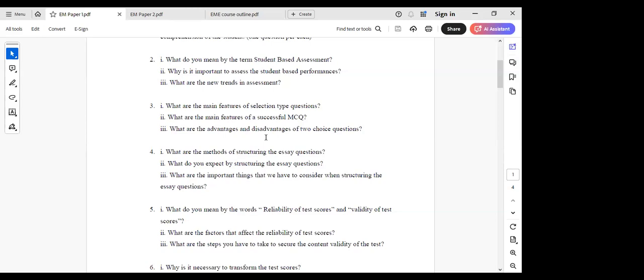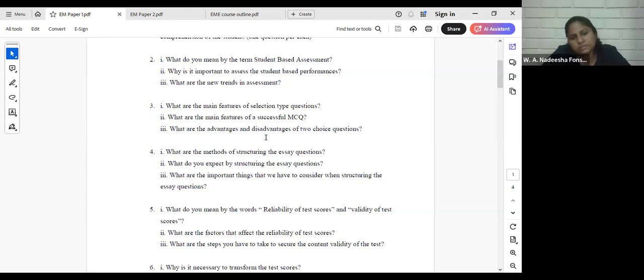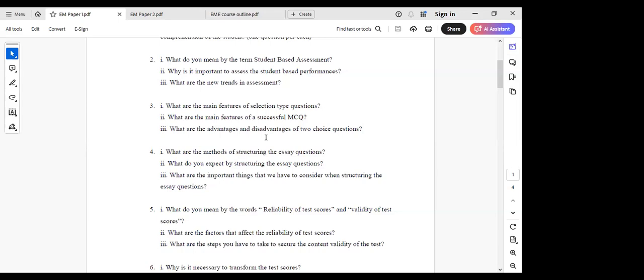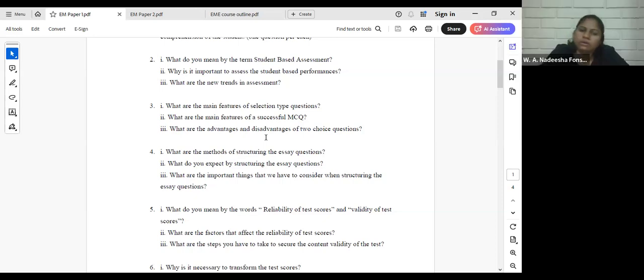It is best to leave one blank for one answer. Then what about the responses? Easy to score answers. Yes, easy to score answers. It means we can guess the answer here.